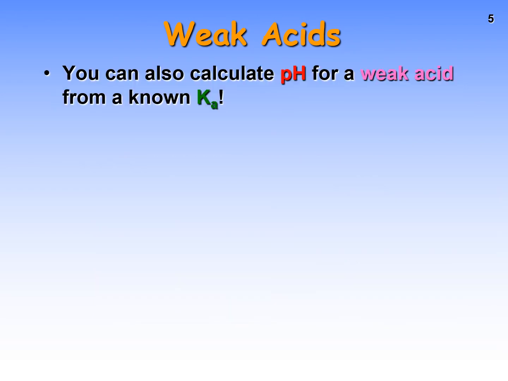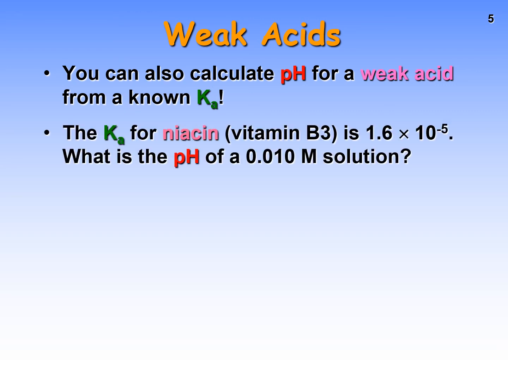We can also calculate pH for a weak acid if we know the Ka value. For instance, niacin, which is vitamin B3, has a Ka value of 1.6 times 10 to the negative 5. And we want to know, what's the pH if I have 0.01 molar of niacin present in solution?